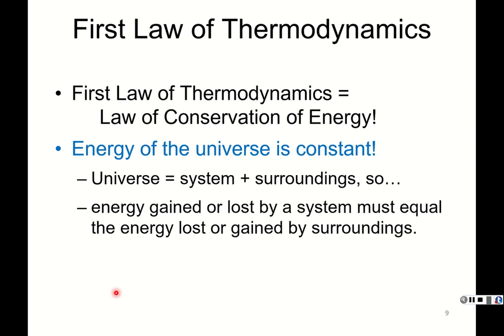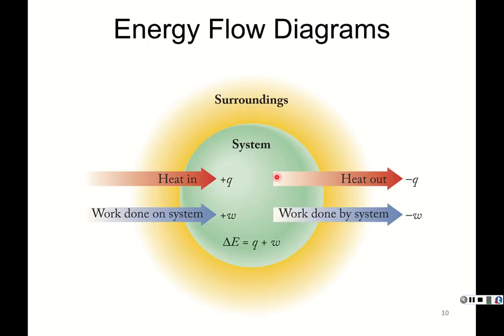energy, and vice versa. Okay, and probably easier to understand that in a picture, right? So we have the system is this green circle, surroundings is represented by everything outside of that. So there's a couple different ways that you can transfer energy. Heat and work are the two ways.